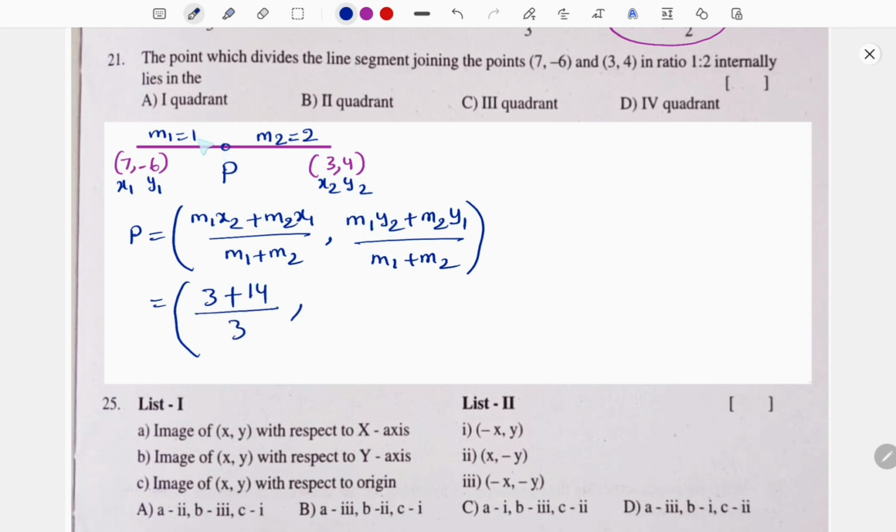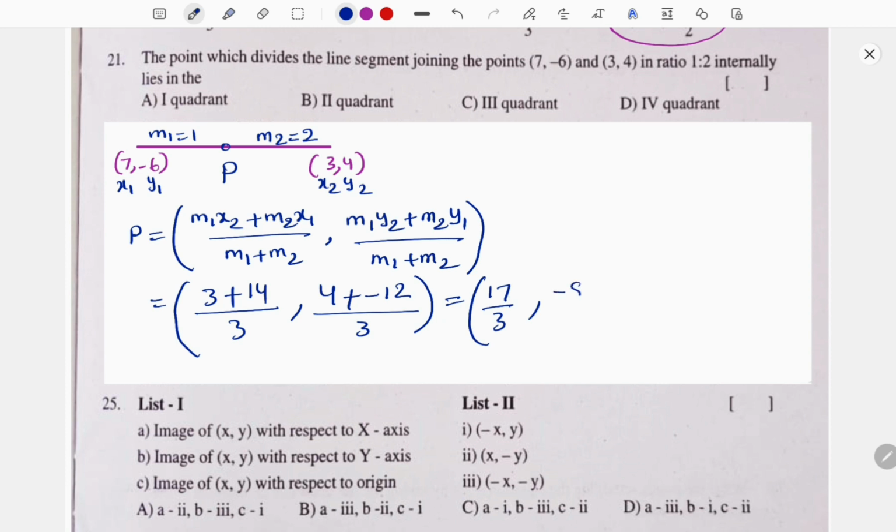For y, m1 is 1, y2 is 4, so 1 into 4, plus m2 is 2, y1 is -6, so 2 into -6 is -12, by m1 plus m2, 3. So what do we get now? 3 plus 14 is 17. Yes or no? 14 plus 3 is 17. So 17 by 3 comma, 4 minus 12 is how much?